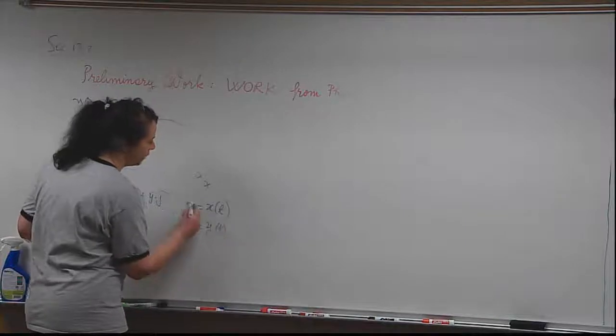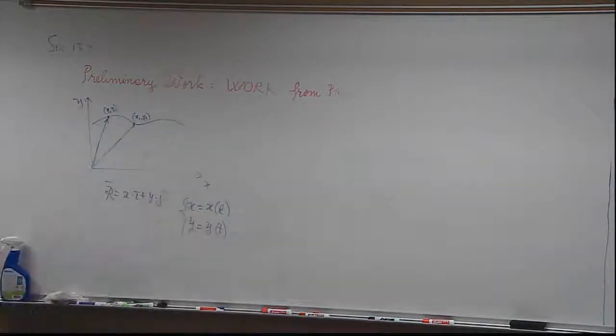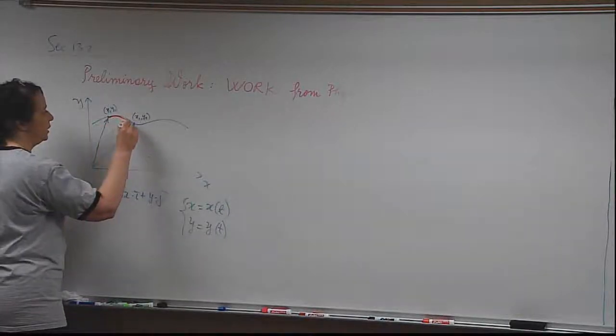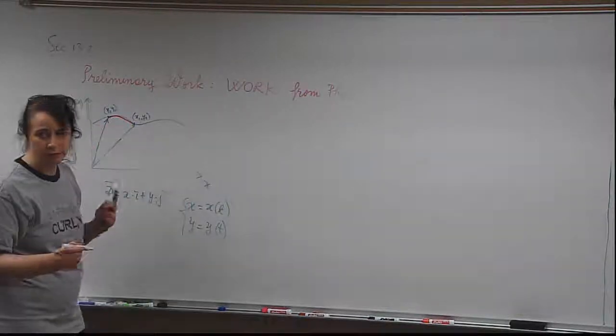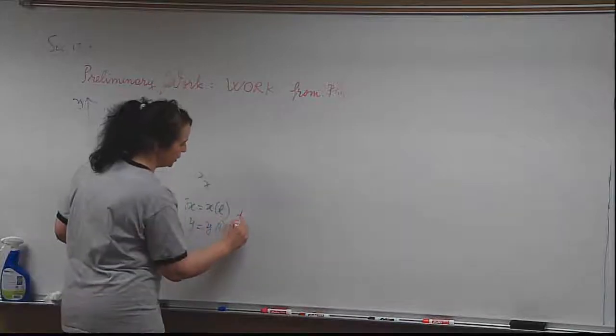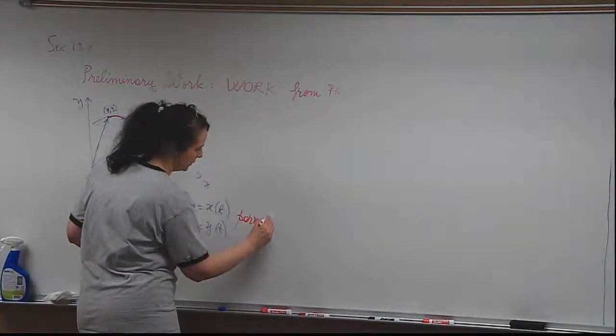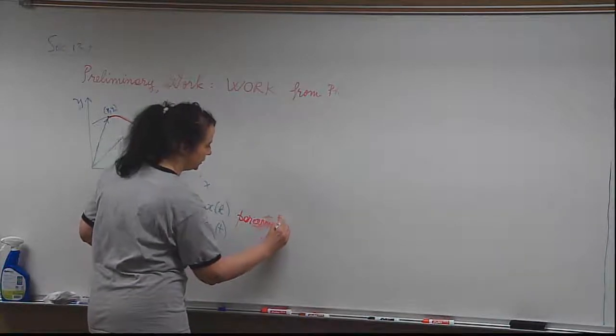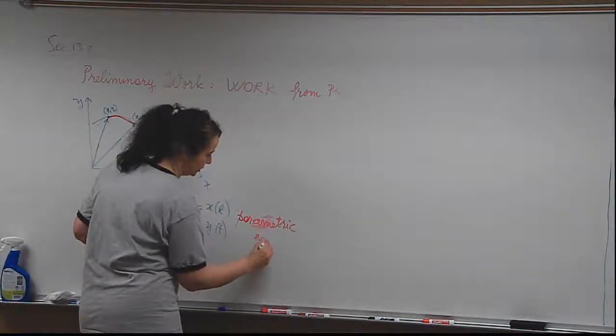Do you guys remember what we called that kind of equation for a curve from here to here? Parametrization or parametric equations.